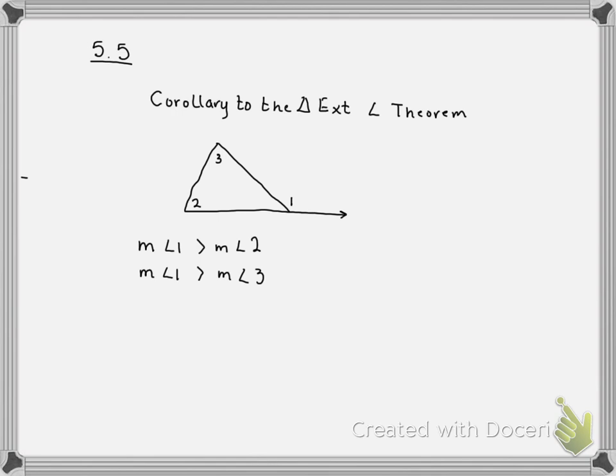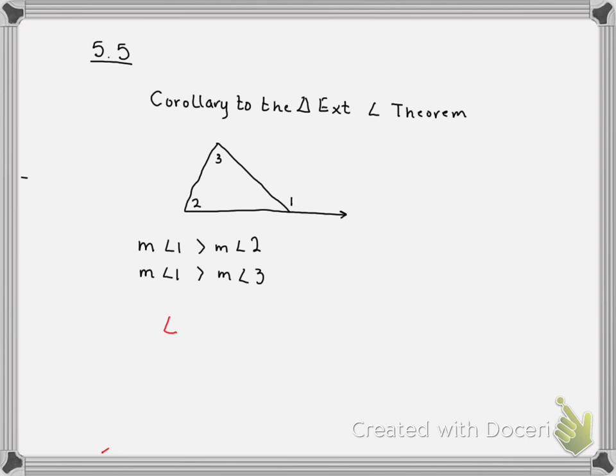Okay, so the theorem, and I'm going to change color so you can follow, said that angle 1 is equal to angle 2 plus angle 3. That was an equality theorem. The corollary to that is an inequality theorem.